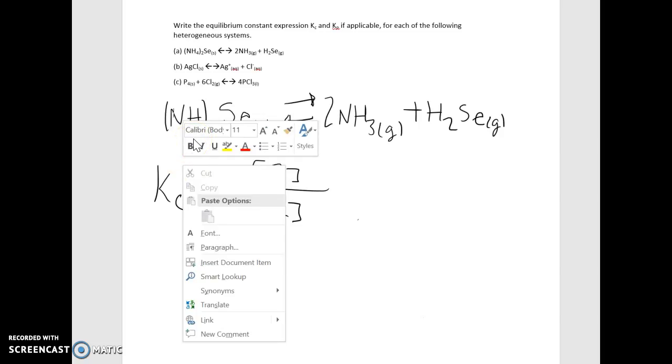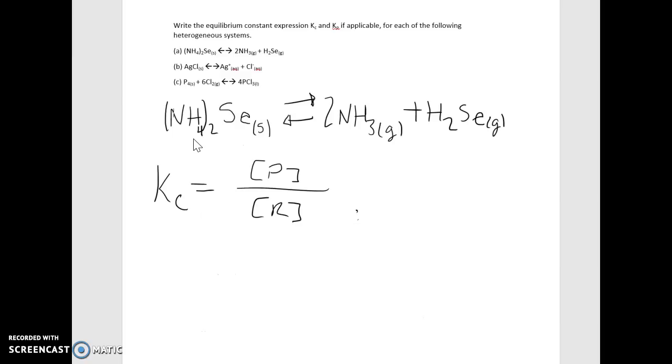So all we have to do now is plug in the compounds that they give us, sorry. So it's going to be the concentration of the products, so ammonia squared because of the two moles we have here, and then the concentration of hydrogen selenide, because they're both gases, so we can include them.